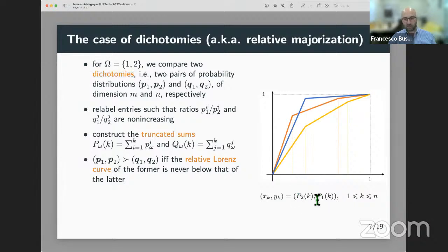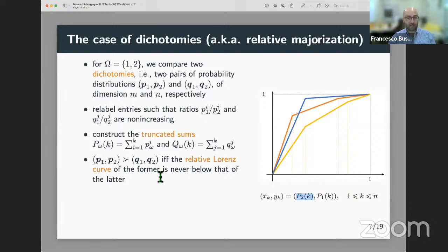The difference is that now on the x-axis, you have points that are no more uniformly distributed, but are distributed somehow according to this cumulative function of P2. But still you can draw these lines. And again, this Blackwell preordering becomes essentially equivalent to majorization.